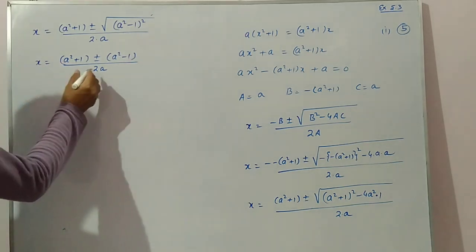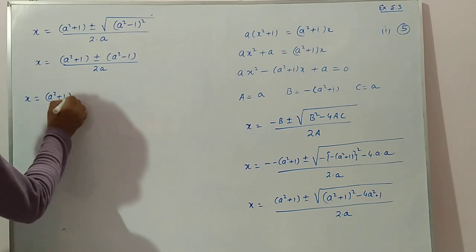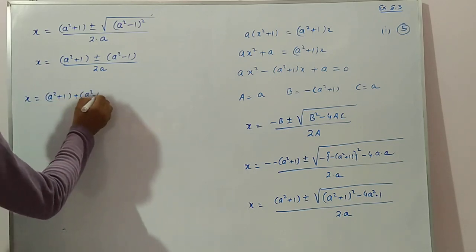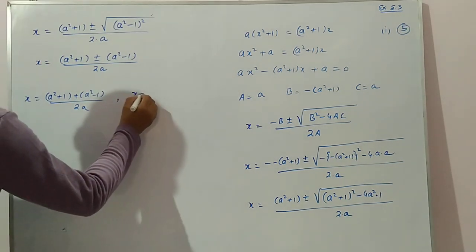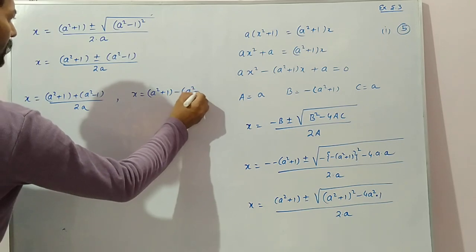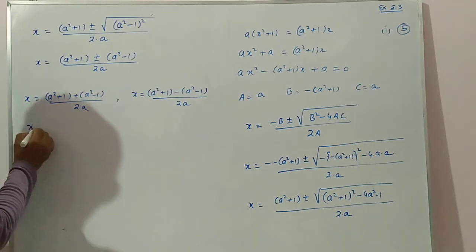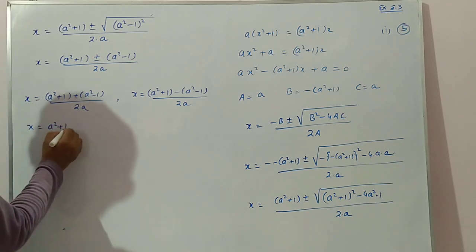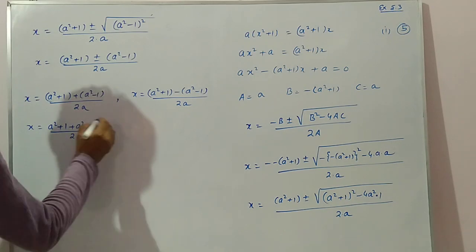So here x equal to a square plus 1 plus a square minus 1 by 2a, and x equal to a square plus 1 minus a square minus 1 by 2a. Taking the first, a square plus 1 plus a square minus 1 by 2a.